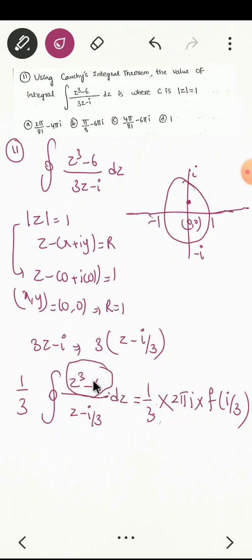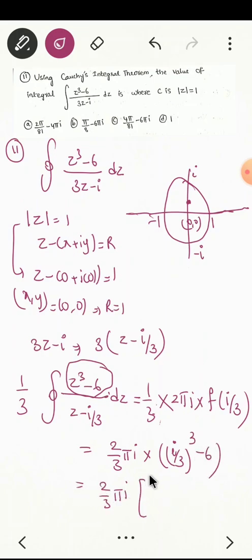F of z is z cube minus 6. Now wherever z is there, substitute i by 3. Then you will get 2 by 3 pi i into ((i by 3) whole cube minus 6). Now what will you get? 2 by 3 pi i into (i cube by 3 cube, 3 3s are 9, 9 3s are 27, so 27) minus 6.